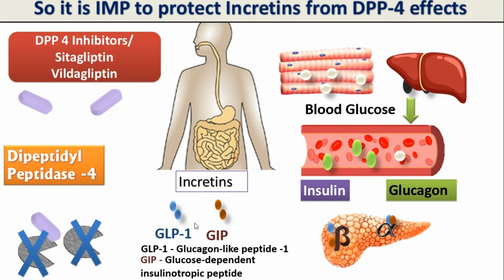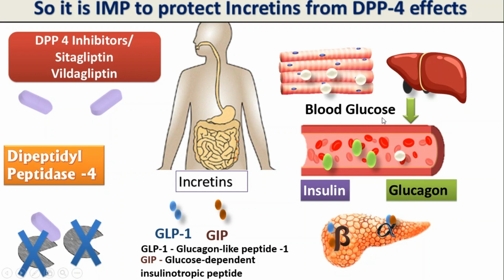Once the enzymes are blocked by DPP-4 inhibitors like Sitagliptin and Vildagliptin, these enzymes will not be able to block the effects of incretin. These enzymes will not be able to inactivate the incretins. Incretins will survive and will keep producing more insulin and keep reducing glucagon.